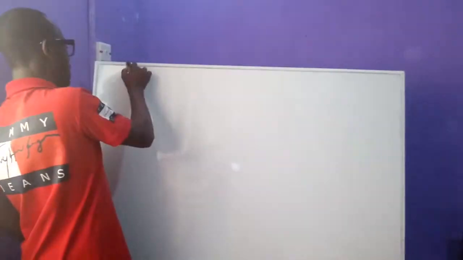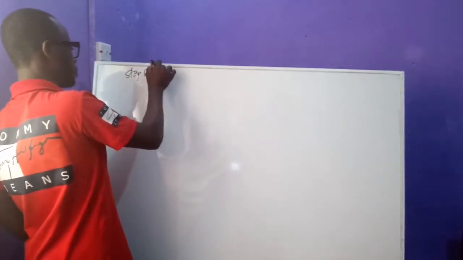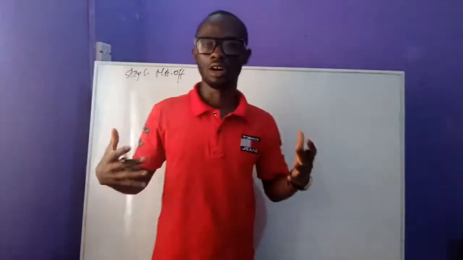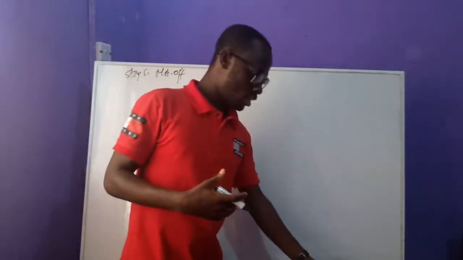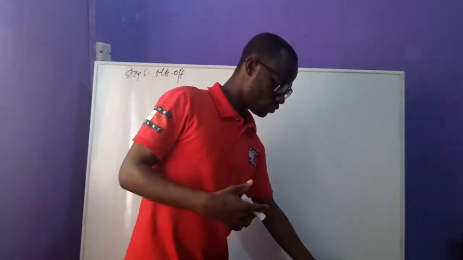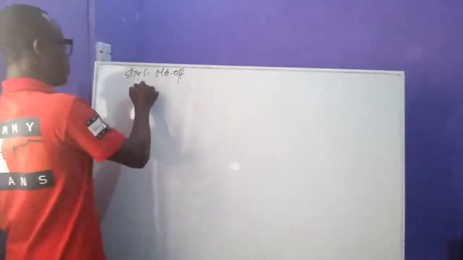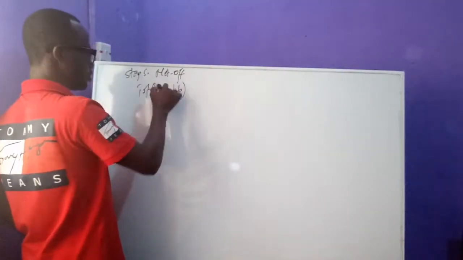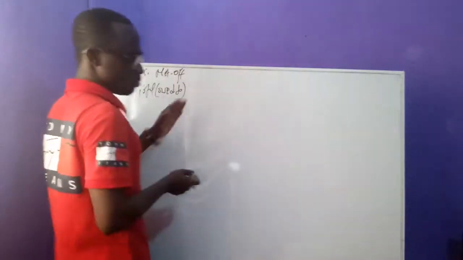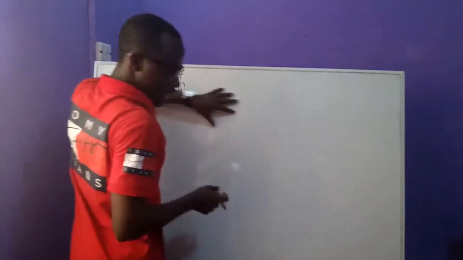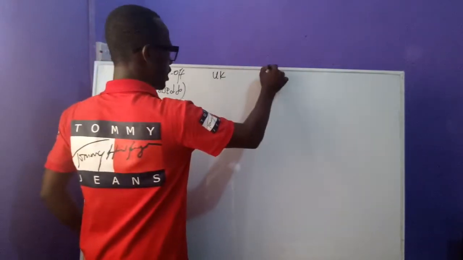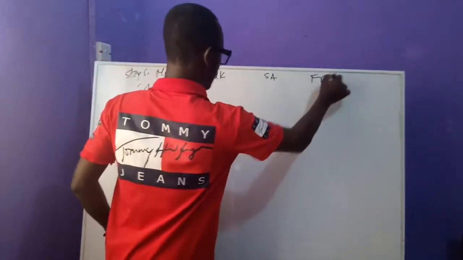So in step 5, where we net off, look at how the pieces now join together. In the netting off, you will see that we're going to put the total owed to here, and we're still going to follow the trend: UK, South Africa, and then France.